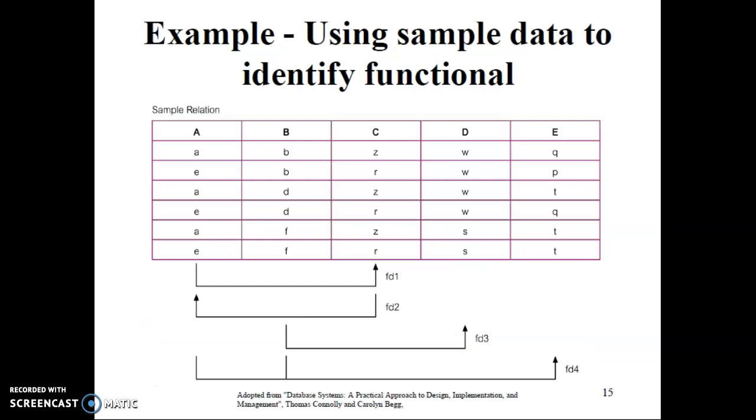Now let us see how to identify functional dependencies in a table or a relation. Consider one sample table, a sample relation with sample data and with attributes denoted A, B, C, D and E. To identify the functional dependencies between attributes A, B, C, D and E in this table, identify when values in one column are consistent with the presence of particular values in other columns.